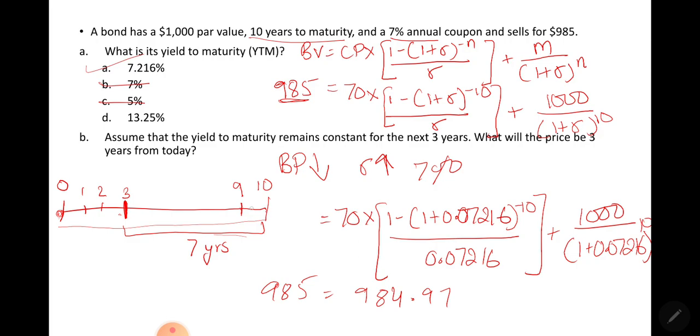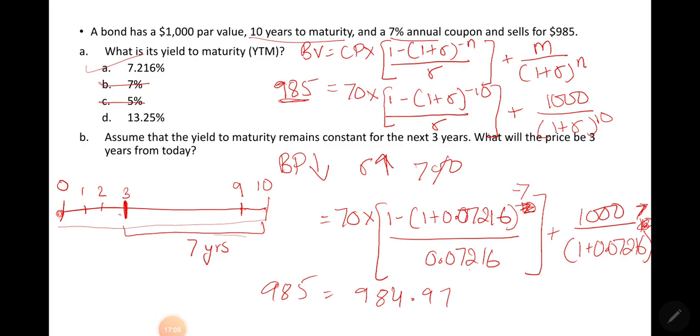In that case, the maturity will be 1 year only. So over here you can use the same formula, but you will have to change the n. So instead of taking an n of 10, you will take an n of 7. You will change n over here as well. This is your YTM, so it will stay the same in the formula, and you can calculate the bond price now.